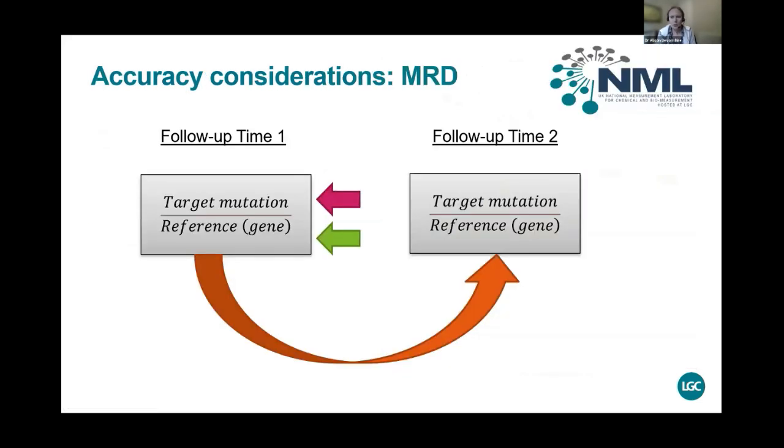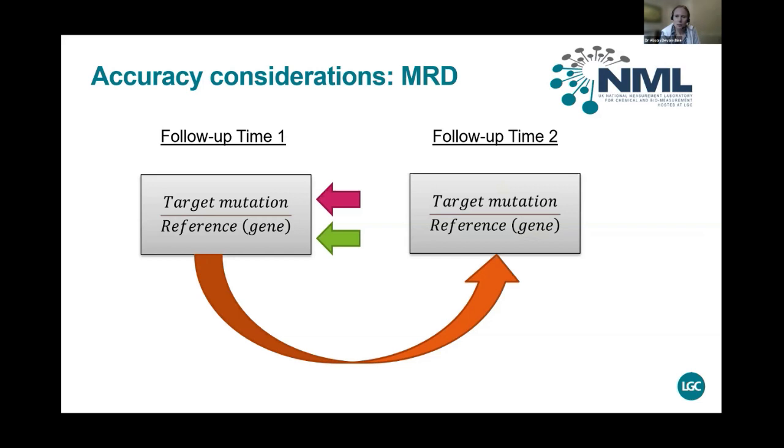So some of the key factors, measurands that are part of MRD testing, are the measurement of the target mutation, which is often given in CT or copy number, and that's expressed as a ratio to the reference gene, and then expressed as either a fraction or a percentage.